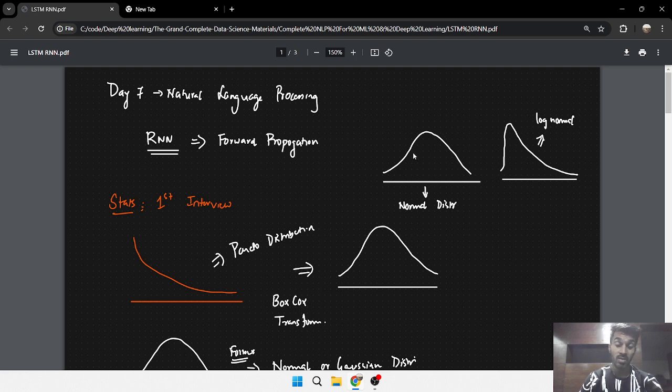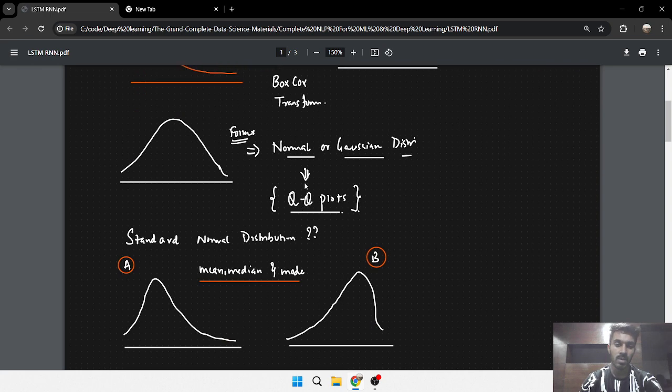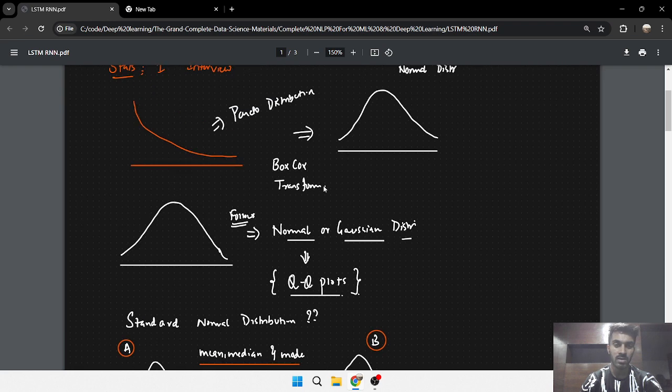If your data set has a normal distribution, your model will be very good. But if it does not, your model will not work very well, so you have to apply some transformation like Box-Cox transformation, or QQ. The bell curve is also known as the normal or Gaussian distribution.